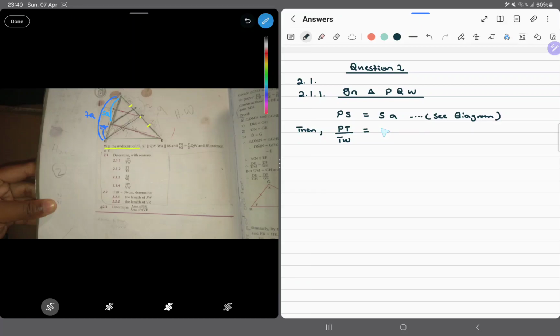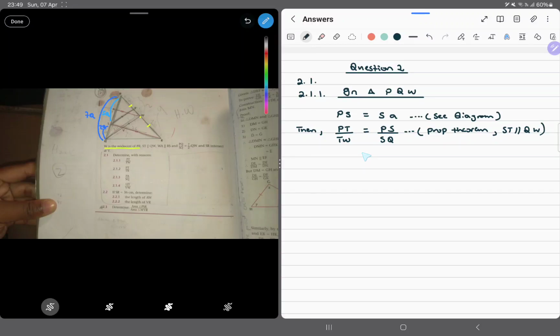The other side is going to be PS over SQ. Now what is the reason here? This is the proportionality theorem. What is the story there with ST parallel to QW? Easy stuff. Can you see?